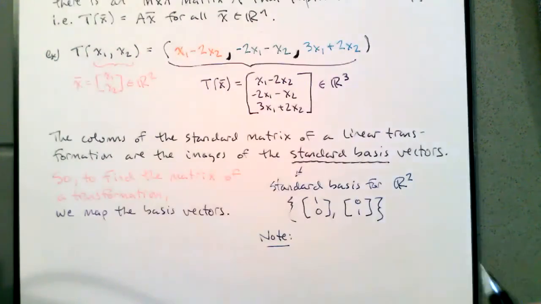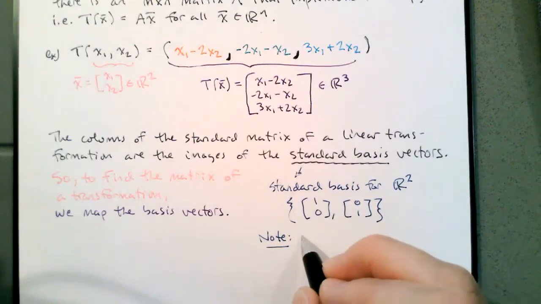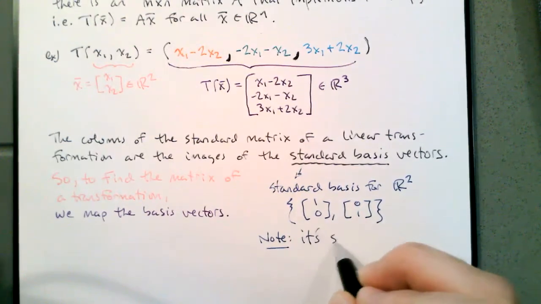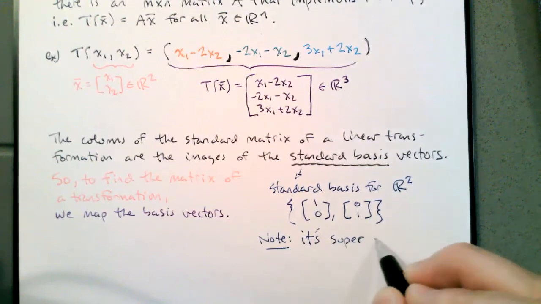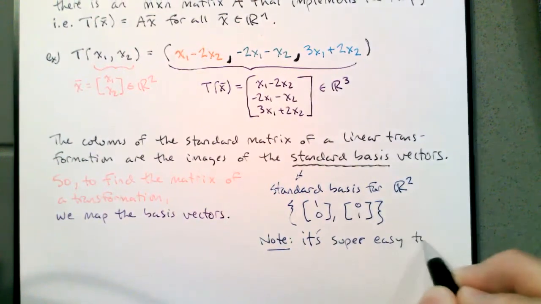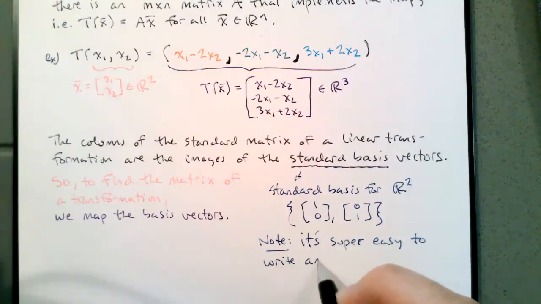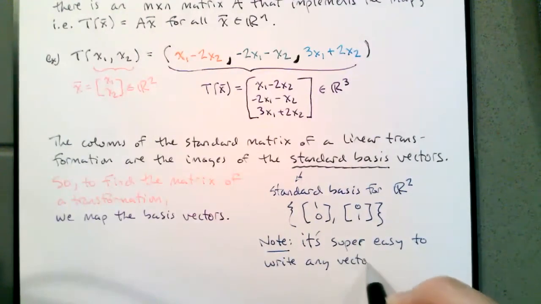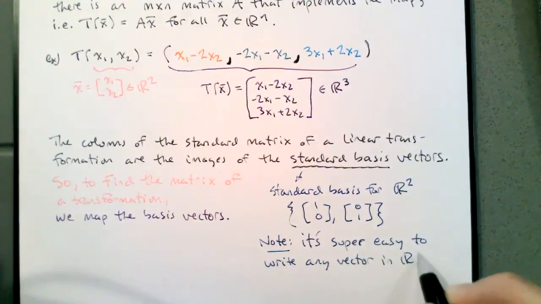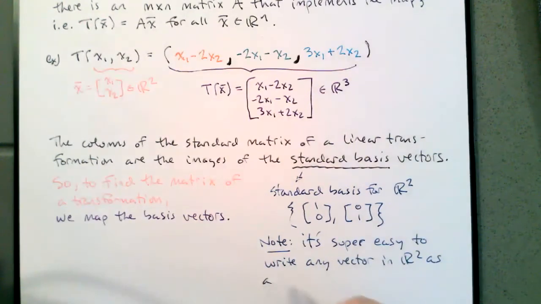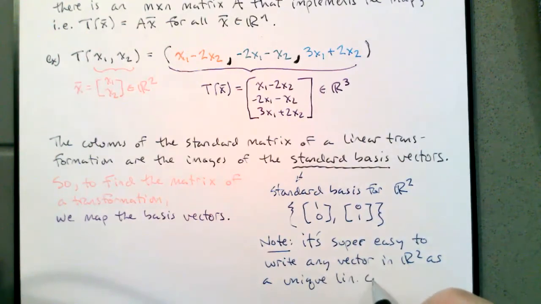So the reason that this is going to be our standard basis is that it's super easy to write any vector in R2 as a unique linear combination of these vectors.